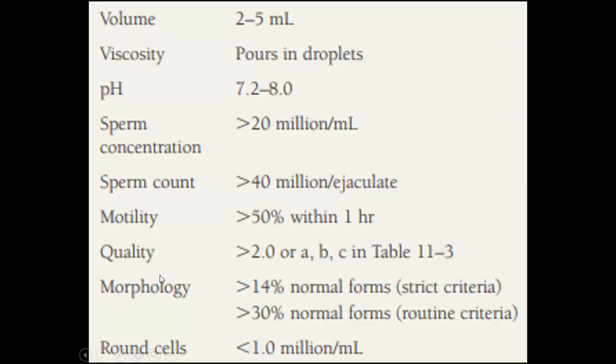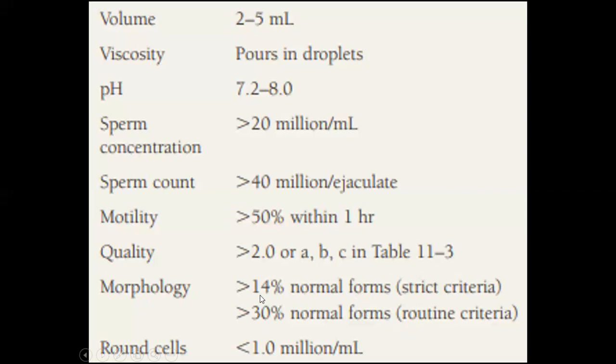And the normal morphology. So how do we assess the morphology? We stain the specimen with either Papanicolaou stain or with Giemsa stain. So a normal value is more than 14% using the strict criteria or Kruger's strict criteria, and a normal value of more than 30% normal forms using the routine criteria.